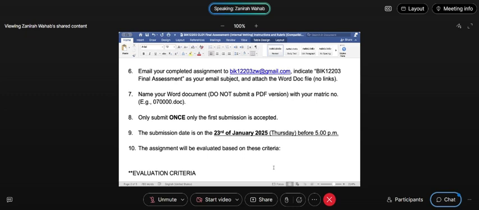I did not attach my final paper. So I do not accept that. Whatever you send me the first time is counted, is accepted and counted. Okay, so please be extra careful. This is your responsibility to make sure that your submitted work is correct, updated, and dah puas hati baru submit.